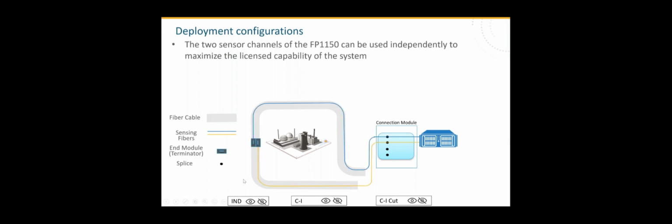Now we have different deployment configurations because we have those two independent sensor channels coming from the one unit. You can use the two sensor channels independently, as shown here.